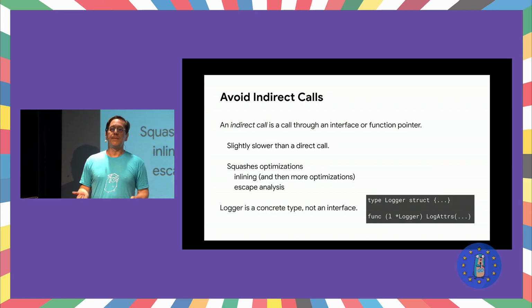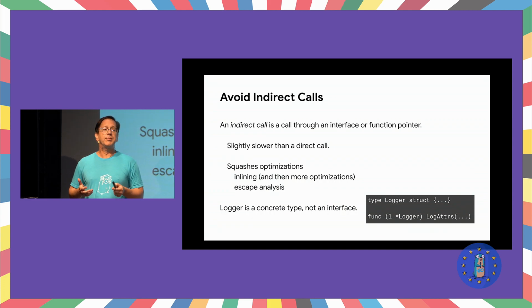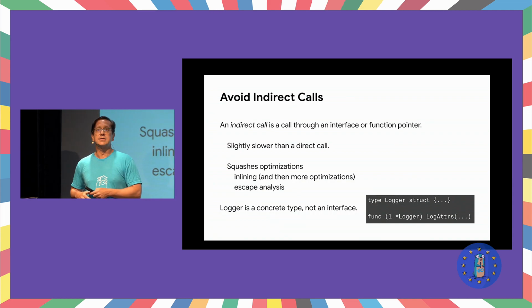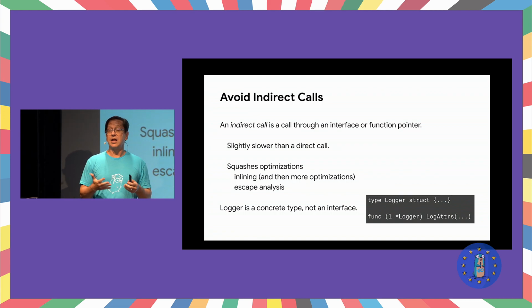or through a pointer. Now, that is a little bit slower because there's that level of indirection, but more importantly, it squashes optimizations that the compiler can perform because the compiler can't see exactly what code you are calling at the call site. So the compiler can't inline that code, which saves you the function call, but more interestingly, enables further optimizations because now all this code is in one place and the compiler can think about it.